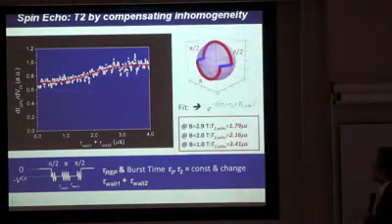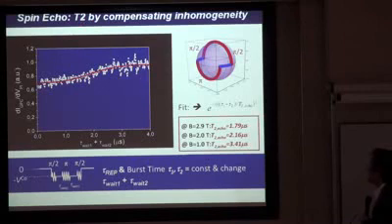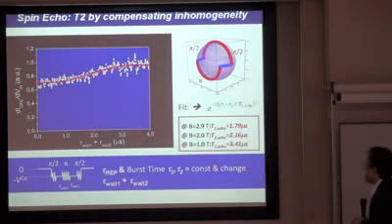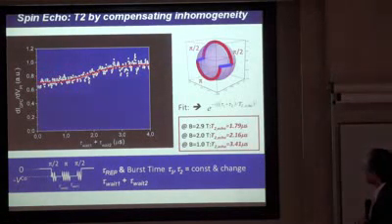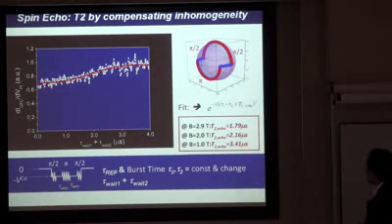Here is experimental data showing the spin echo, to derive the T2 time by compensating for the inhomogeneous broadening. The data quality is not super good, but by analyzing with the T2 echo time as a parameter, we could derive an echo time of 3.4 microseconds at 1 Tesla, reduced down to 1.8 microseconds at the higher magnetic field.